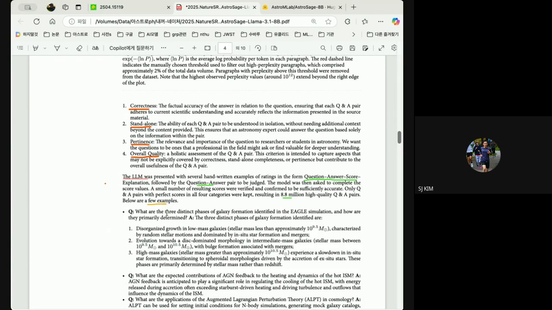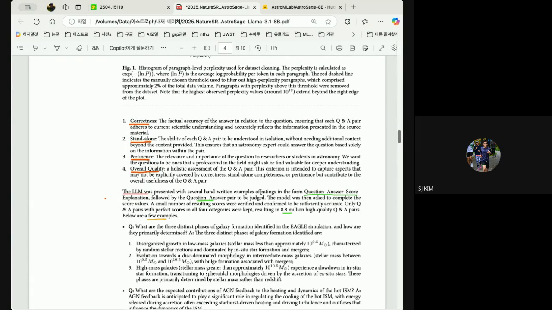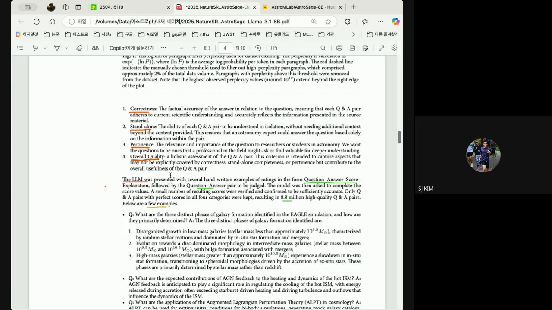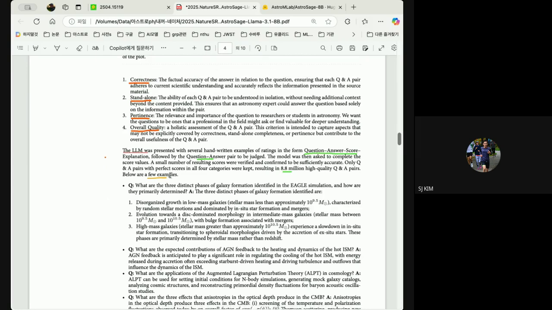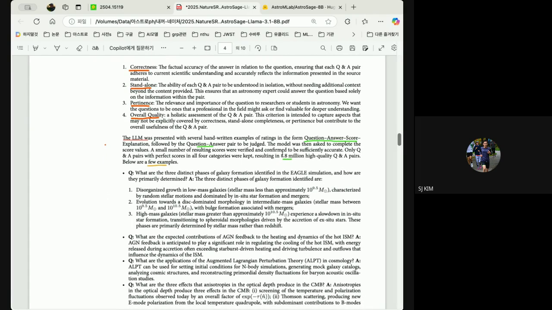Then they prepared some examples with question, answer, score, and explanation, and gave this set to their model. After that, they gave only the Q&A pair, and the model had to complete the other part, the score and explanation. Through this fine-tuning process, they excluded some of them, and only 8.8 million high-quality Q&A pairs remained.